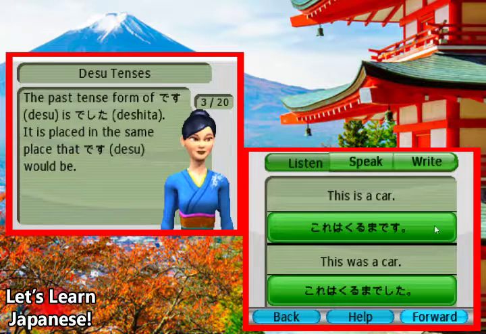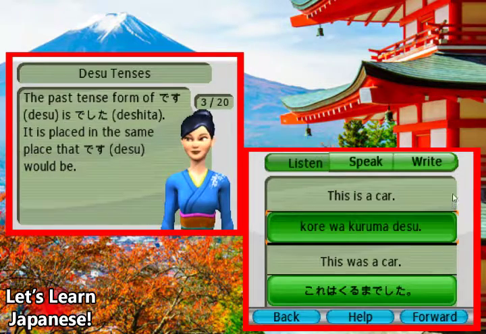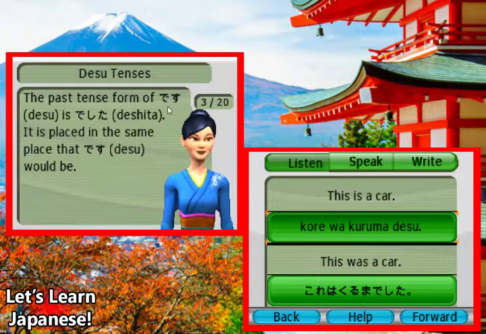So, this is a car is, kore wa kuruma desu. I should point that out as well. When you read this kind of literally, it's desu, but I've been pronouncing it as just des. That's just an informal way of pronouncing that syllable, su. So des.